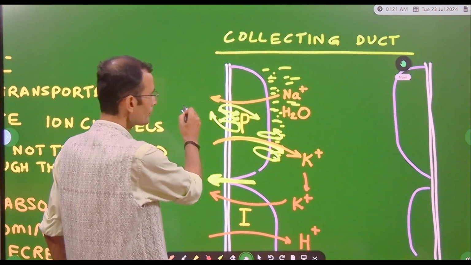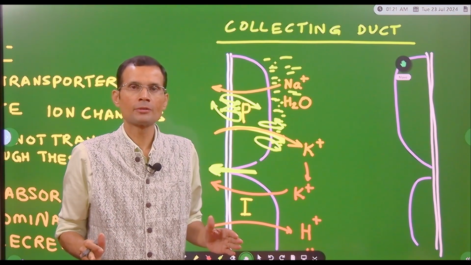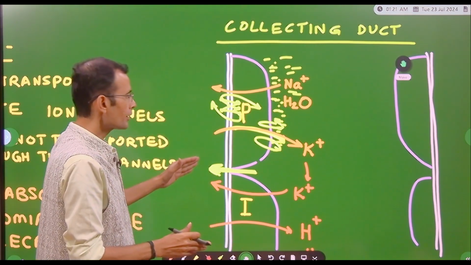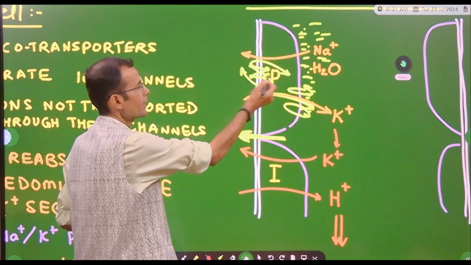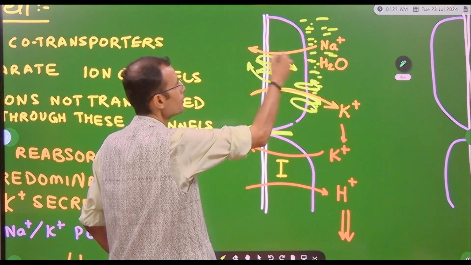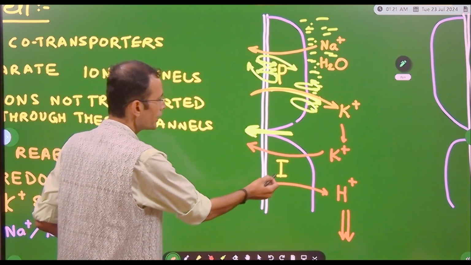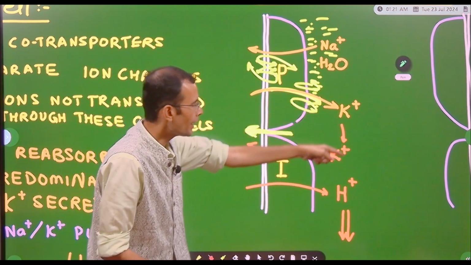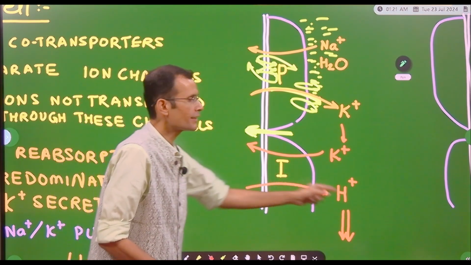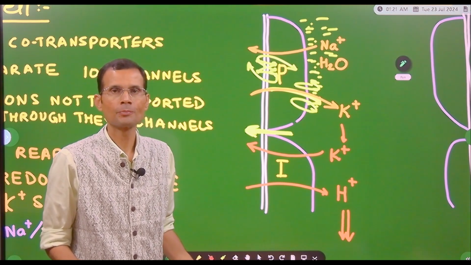duct. Right. Now, there are two cells in the collecting duct. The P cell, that's the principal cell, which reabsorbs sodium and secretes potassium. And then the intercalated cell will reabsorb this potassium and secrete H+, and that H+ can be lost into the urine.